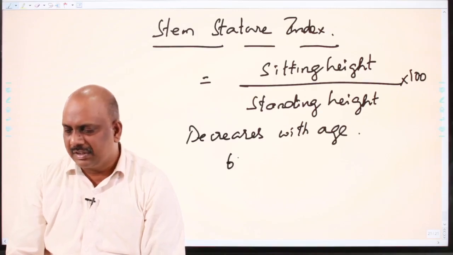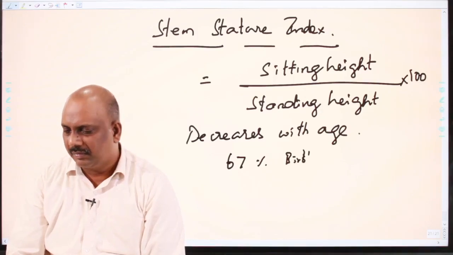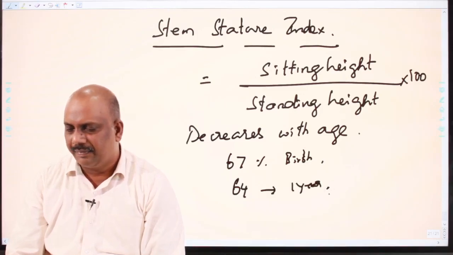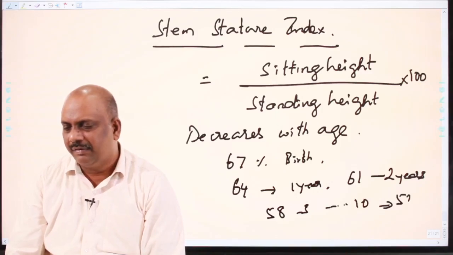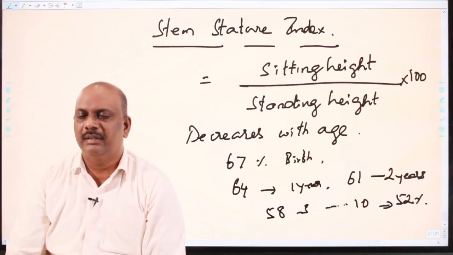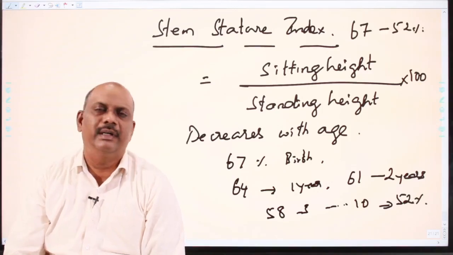It will be 67 percent during birth, 64 during 1 year, 61 by 2 years, it will become 58 by 3 years, and slowly by 10 years this becomes 52 percent. Remember this, 67 to 52 percent over 10 years.